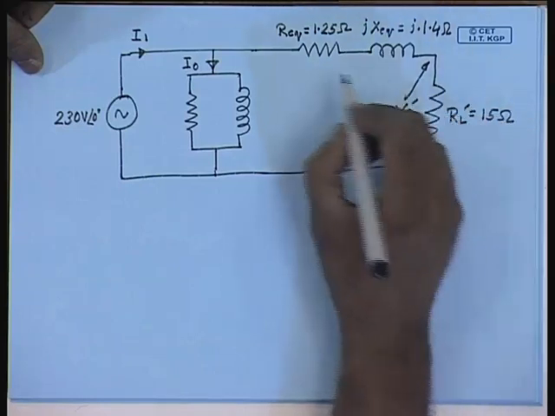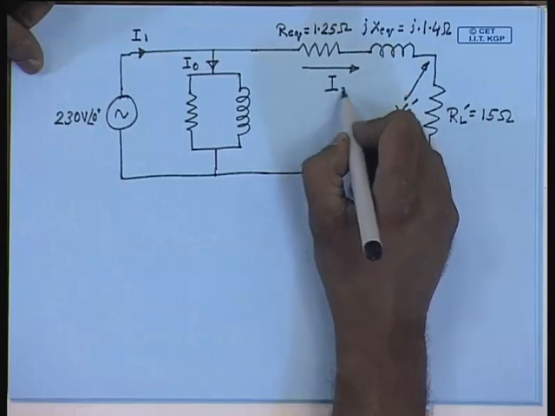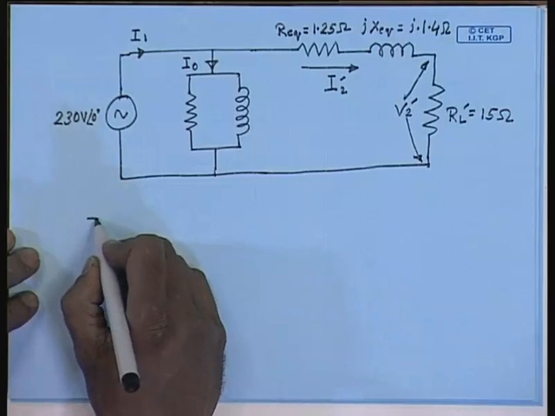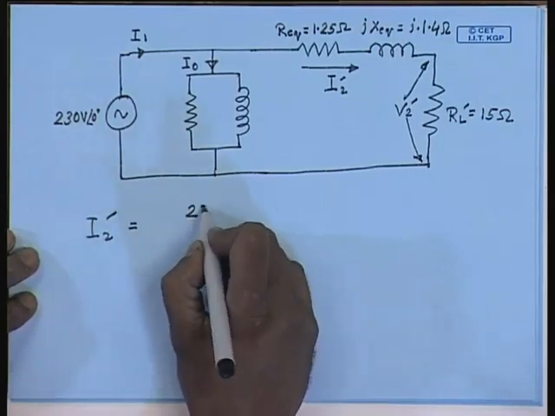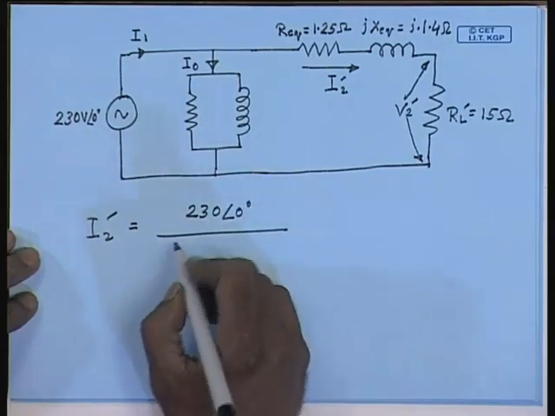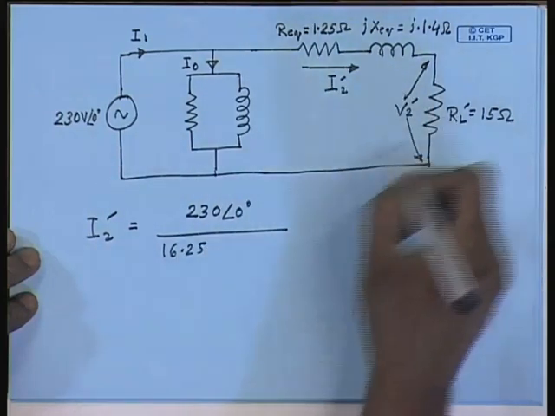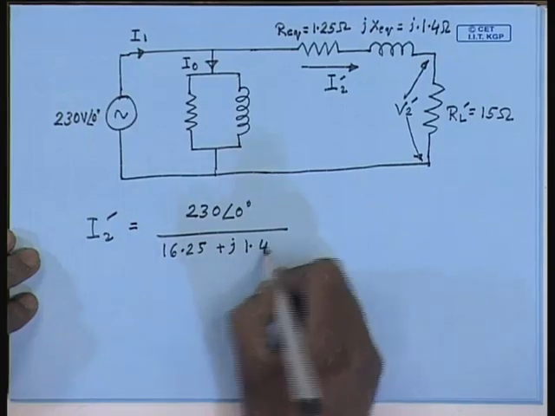This is the referred load voltage V2 dash, and this is the referred load current I2 dash. So, how do we compute I2 dash here? I2 dash is simply equal to 230 angle 0 degree divided by 16.25, the sum of these impedances, plus j 1.4.